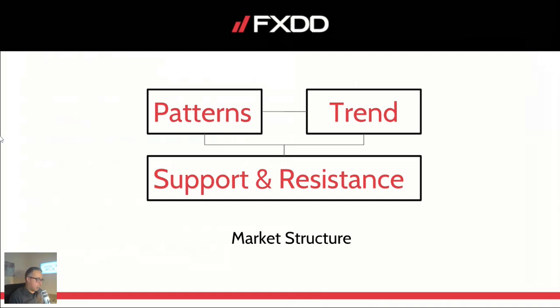We gave some examples with regard to what are patterns, what is trend, what is support or resistance, and stuff like that. So we covered the basics, as far as I remember. I still had a cold at that time, but if I remember correctly, we did discuss all of these three items.